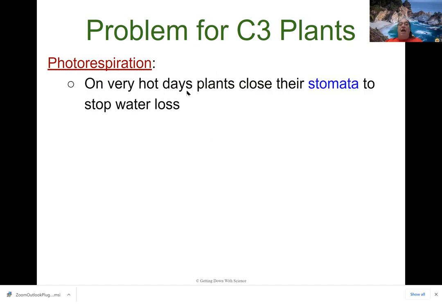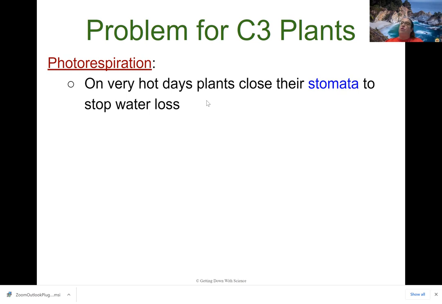So on very hot days, they actually close their stomata so that they're not losing water. Because remember, I mentioned that water also passes through the stomata through a process called transpiration. That's something we looked at when we did the water cycle. So when it's really, really hot, we're going to have a lot of water evaporating this way, and we don't want that. So they're going to close the stomata.